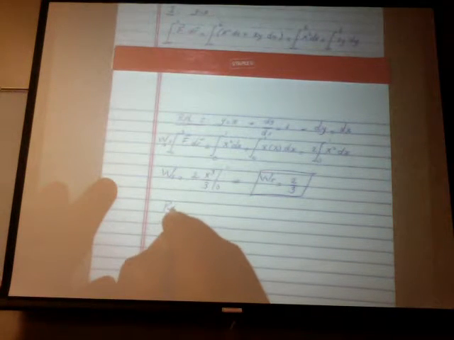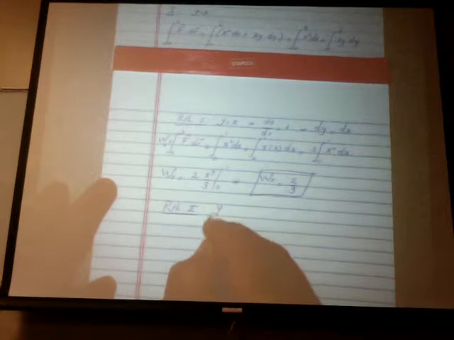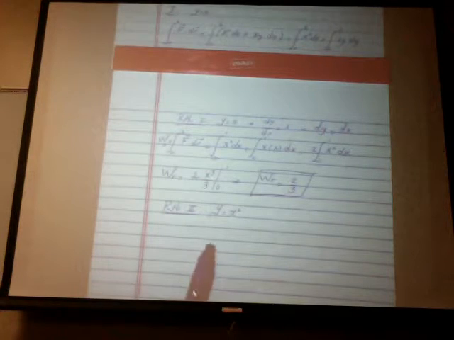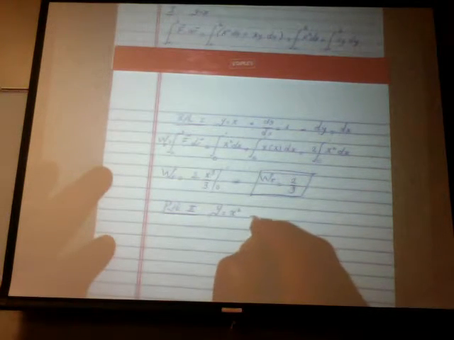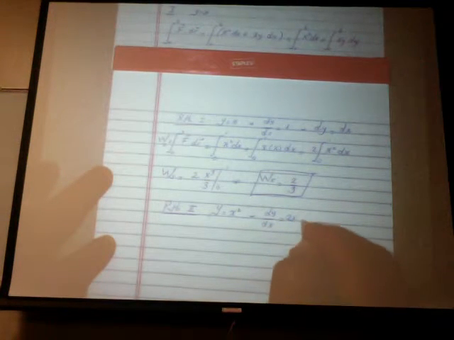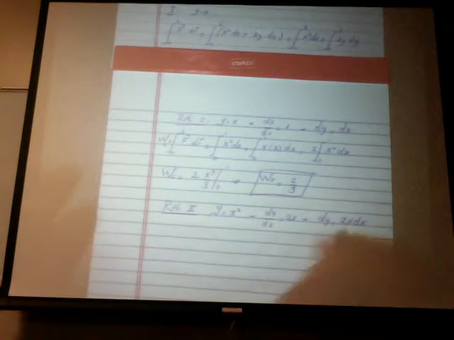Path 2 means that y is equal to x squared. That curve also passes through points 0, 0 and 1, 1. When x is equal to 1, y is also equal to 1. When x is equal to 0, y is equal to 0. dy/dx is equal to 2x, and therefore dy is equal to 2x dx.